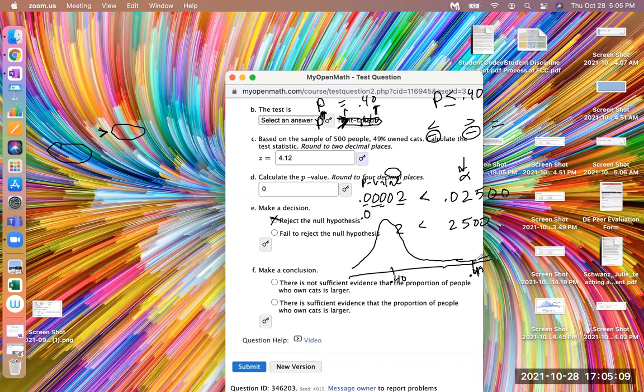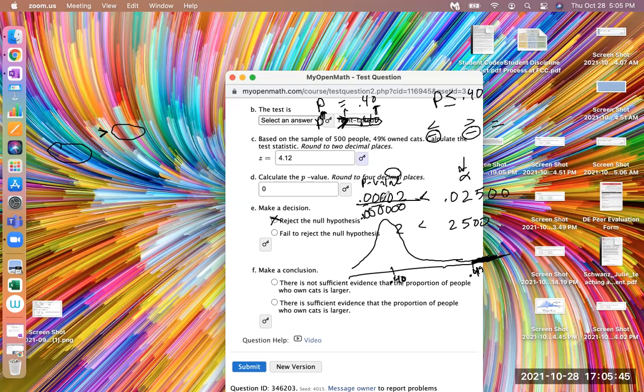A sample that large is probably going to be extremely close to the actual population proportion, 40%. And getting a sample like 49%, the probability of that is so extremely small. If we write this as a fraction, it's 2 in, I think, 10,000. You'd expect a result like that only 2 times in 10,000.